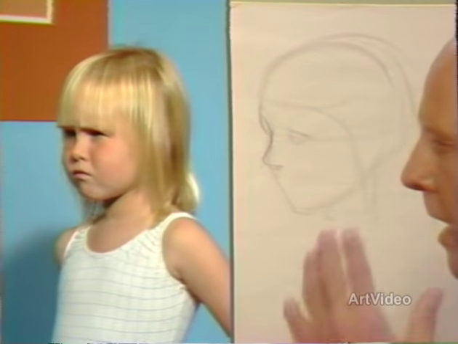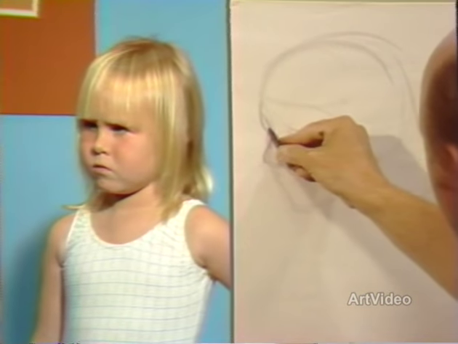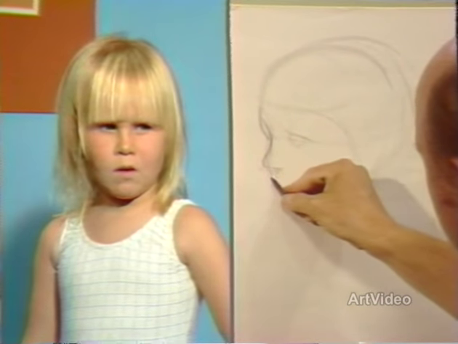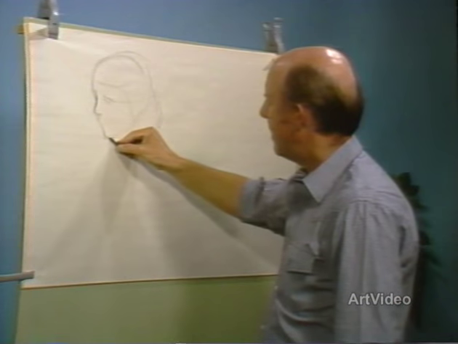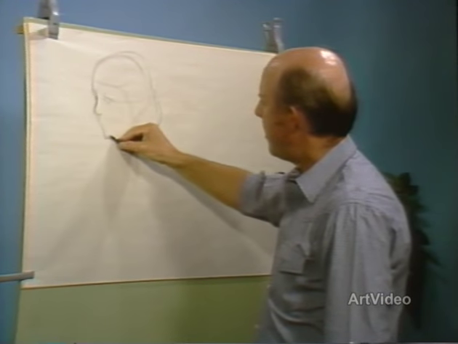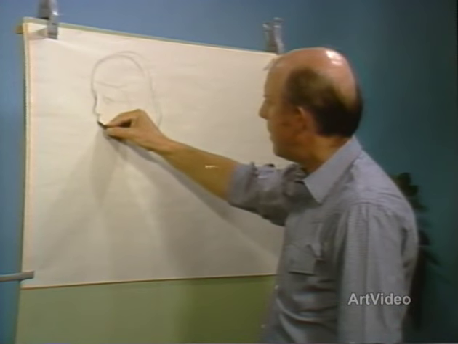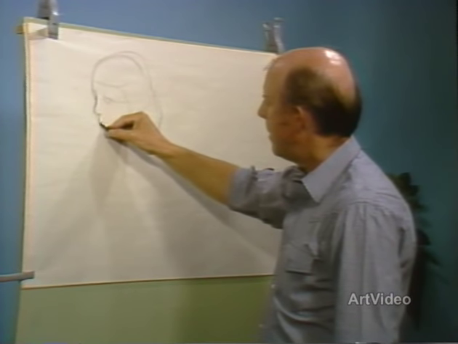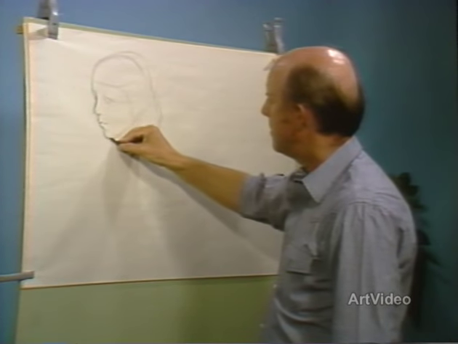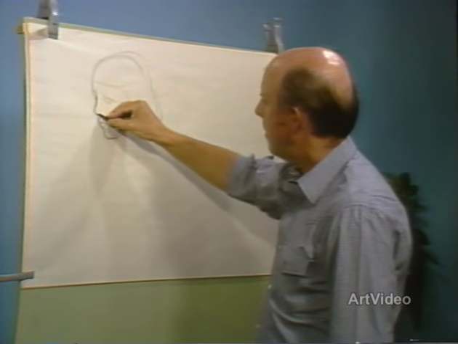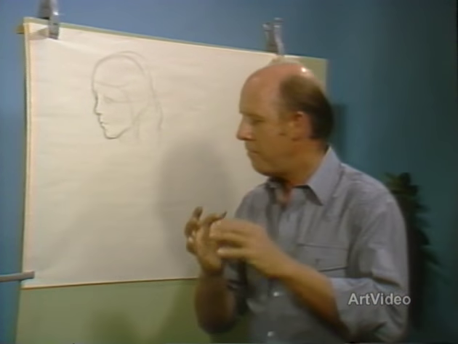Then I try to feel the cheek coming from behind, back in here. And then from there, I try to feel the mouth coming out in front of that. So I'm dealing with these very, very clear forms.